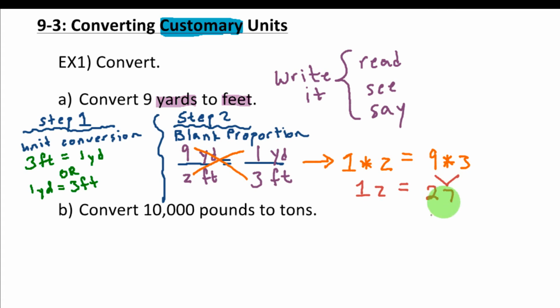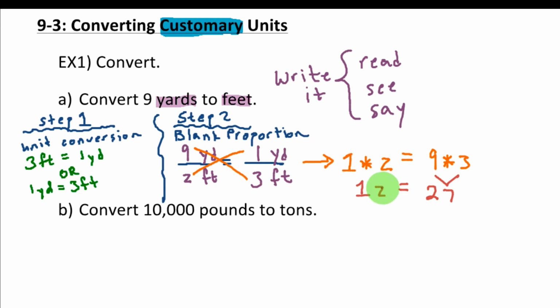Now from here, our next step or our overall goal here is to isolate the variable z. Let's get rid of any numbers that it's being multiplied by. But we have an interesting thing going on here. z, our variable, is being multiplied by 1. So typically what we do to isolate the variable is divide by the value that's being multiplied by the variable on both sides of the equation. But since 1 is multiplying into z, I've got to ask myself, will that even change the value of z?